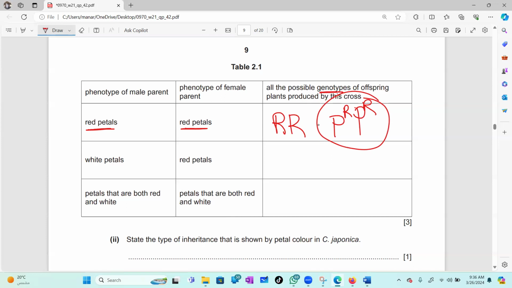Now, the other case: one parent is white and the other parent is red. What will be the genotype of the offspring if I have a white parent and a red parent? What did you write on the exam? Give me an answer.